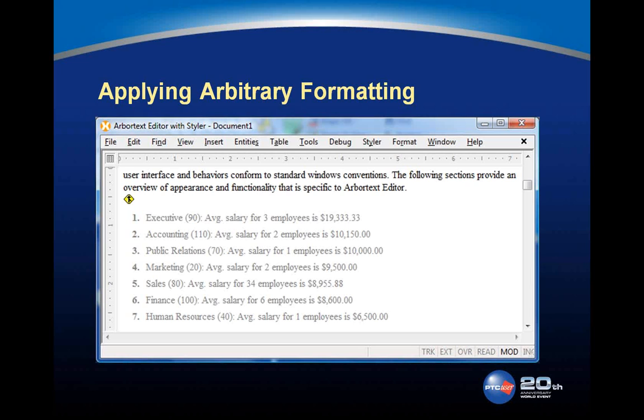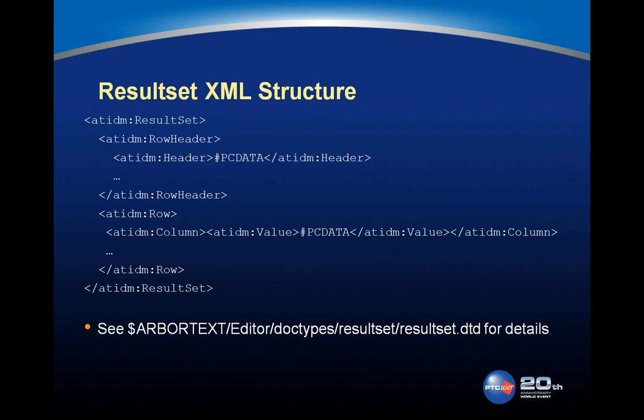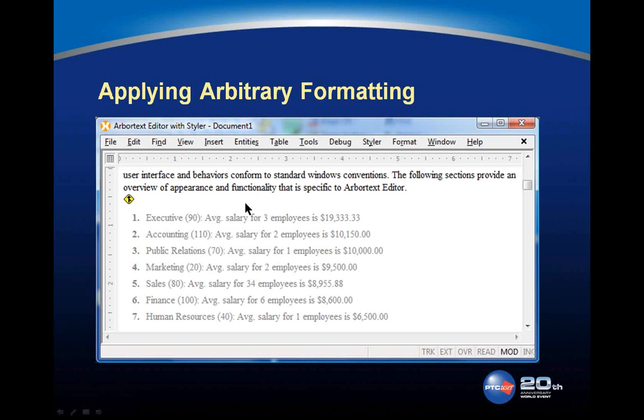Okay, so this is an example where I'm applying arbitrary formatting to the data that comes back. Basically what I'm doing is I'm saying, give me one row of data for each department, and in that row give me the name of the department, the code for the department, the number of employees in that department, and the average salary for that department. And so it's going to give me back a table like this, okay?